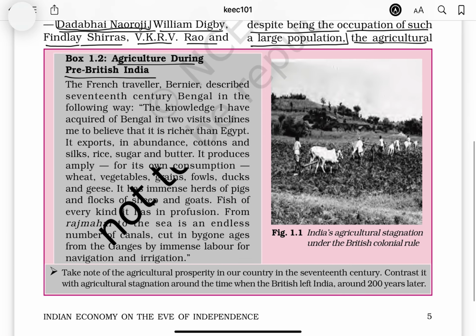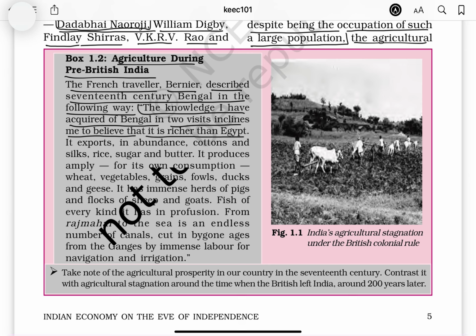Agriculture during pre-British India. The French traveller Bernier described 17th-century Bengal in the following way: "The knowledge I have acquired of Bengal in 2 visits inclines me to believe that it is richer than Egypt. It exports in abundance cottons and silks, rice, sugar, and butter.